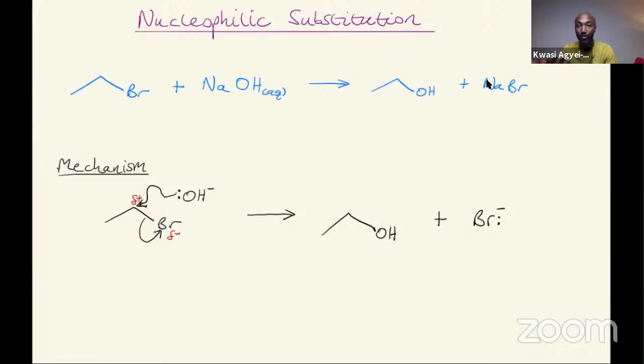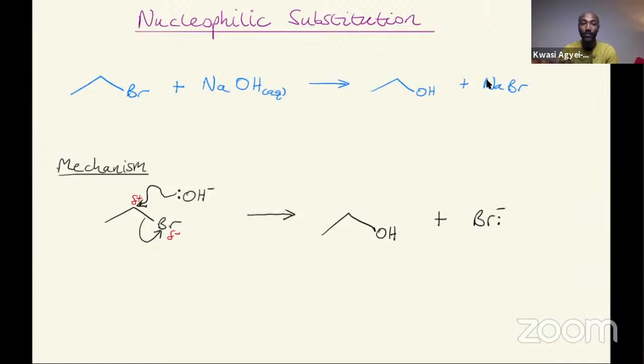And you probably will encounter lots of different kinds of nucleophiles. The OH minus ion is one example. You might see in some examples a cyanide ion acting as a nucleophile. Sometimes you might see a thiol, which is a bit like an OH minus ion, but has sulfur instead as your donor of lone pairs. You can, of course, have ammonia, where the nitrogen has a lone pair to donate.